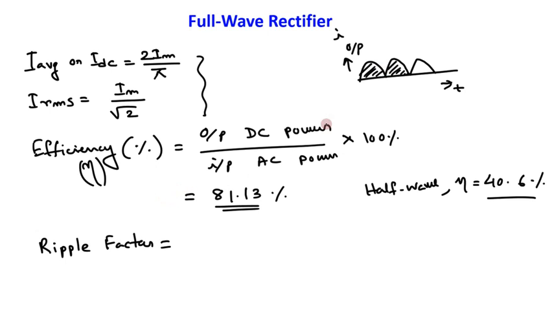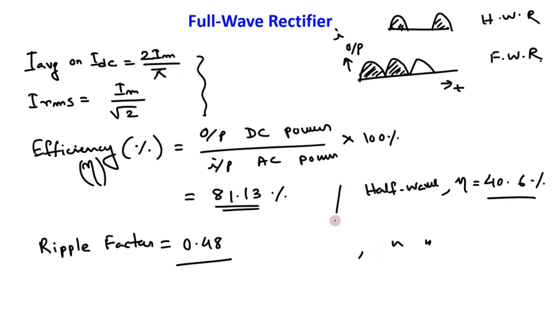Because compared to the half wave rectified output, this waveform is now much closer to DC. This is the half wave rectified output and this is the full wave rectified output. If you calculate it, it will come to 0.48, whereas for the half wave rectifier the ripple factor value was 1.21.